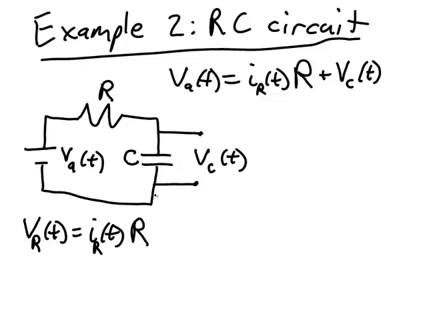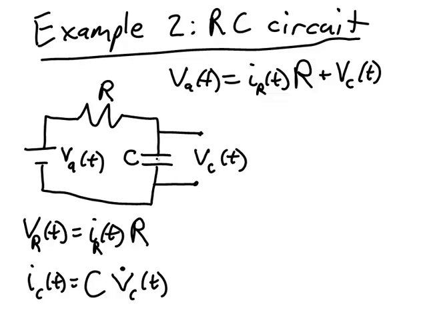So what equation do we have that applies to the capacitor? The current through a capacitor is equal to the capacitance times the derivative of the voltage across the capacitor.